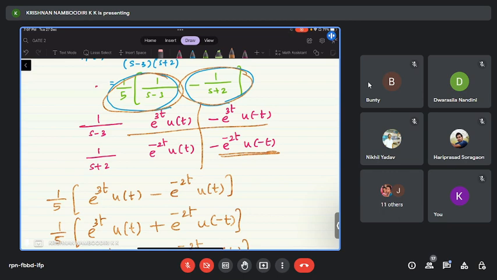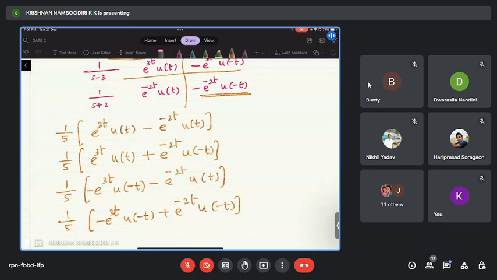It can be either left-sided or right-sided. So totally you can have 4 possibilities: right-right, right-left, left-right, and left-left.